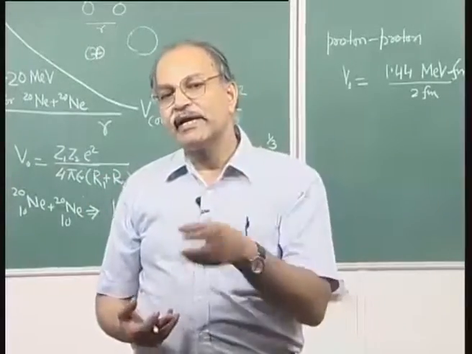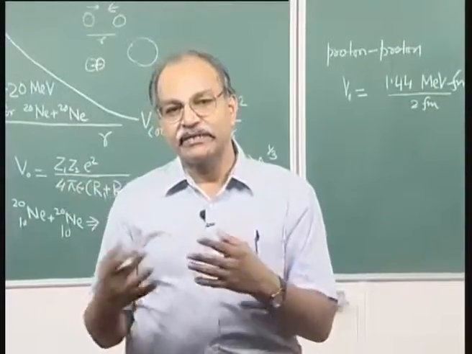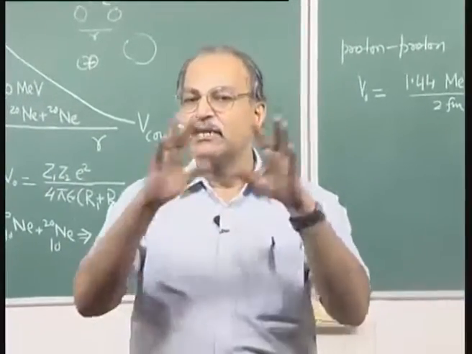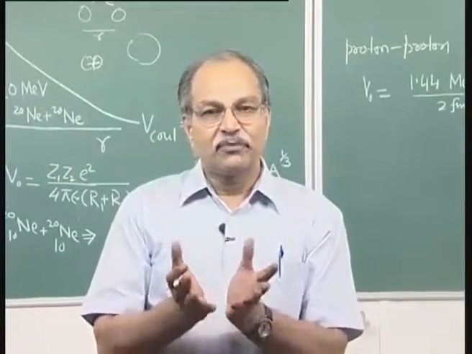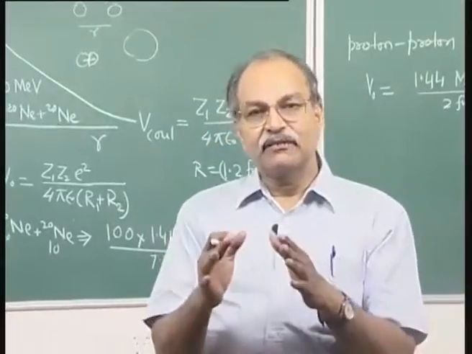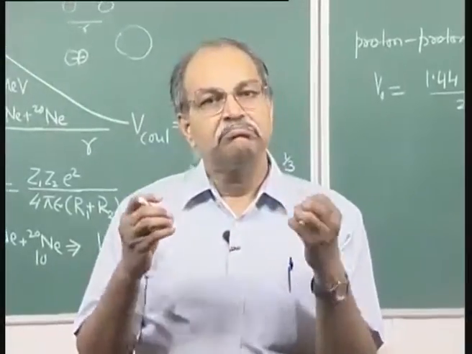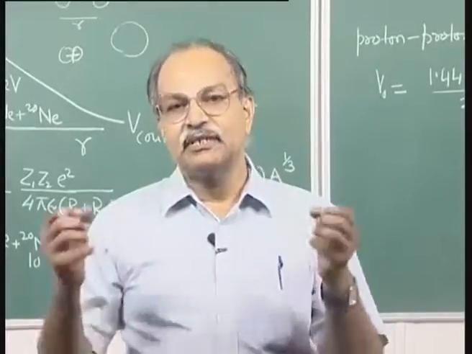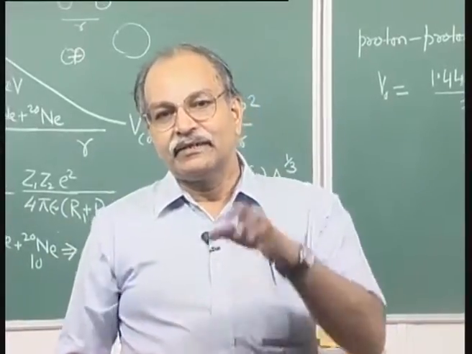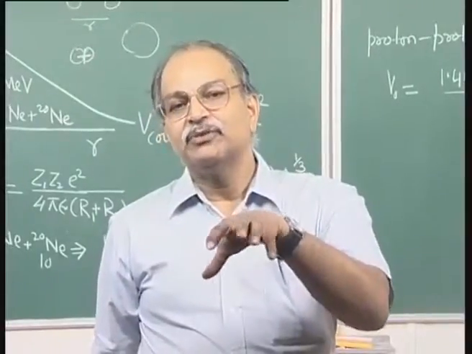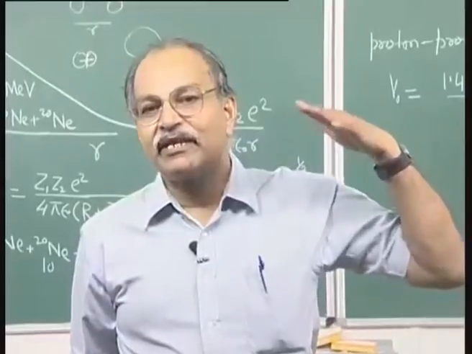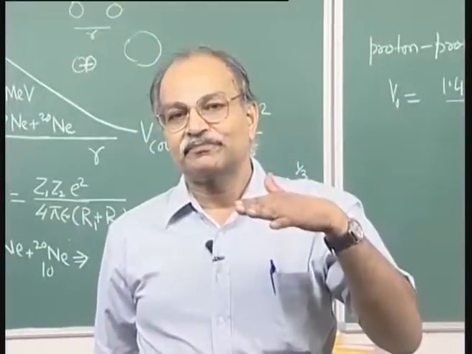The nuclei and electrons will have some kinetic energies, and they will be moving in random directions inside whatever volume you have provided, in which they are confined. So occasionally two nuclei will approach each other with certain kinetic energy, and that kinetic energy can be used to get some significant barrier penetration.